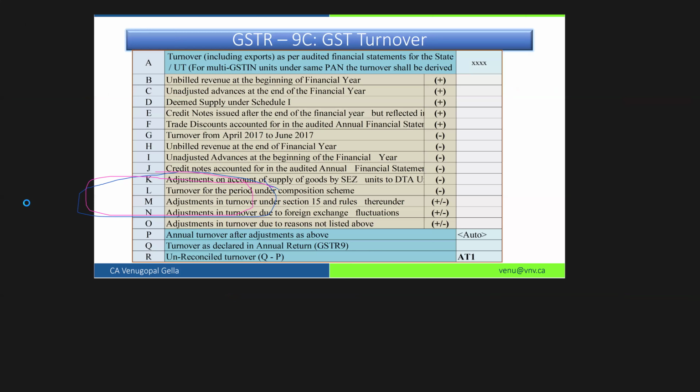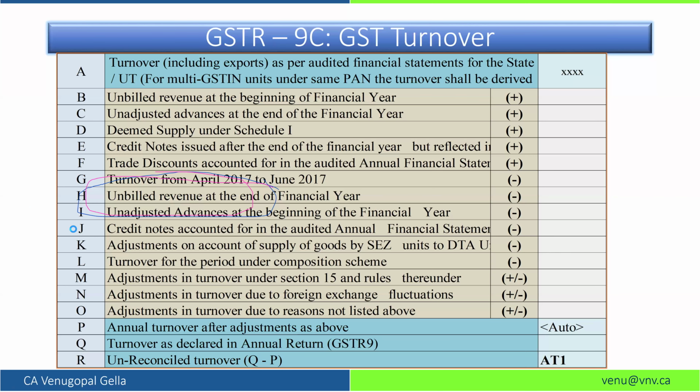It's called a dumping ground. Yeah, or residual entry, whatever. Dumping ground, sir. Okay. So other than the real estate industry, where the revenue recognition is on the basis of percentage of completion, I have to remove all that.